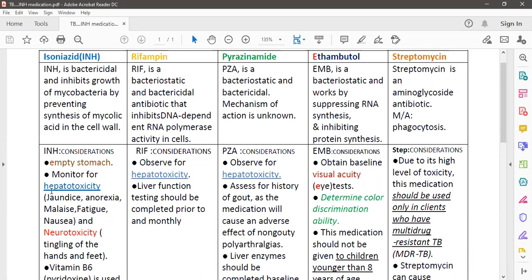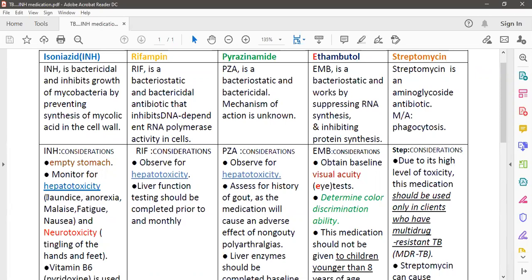So if the patient develops jaundice or anorexia or malaise, malaise means the patient does not feel good, easily fatigued or tired, or nausea. The liver is a major organ of metabolism. If the liver does not work, the patient develops anorexia, nausea, vomiting, and bilirubin, which is metabolized inside the liver, goes up and the patient develops jaundice.